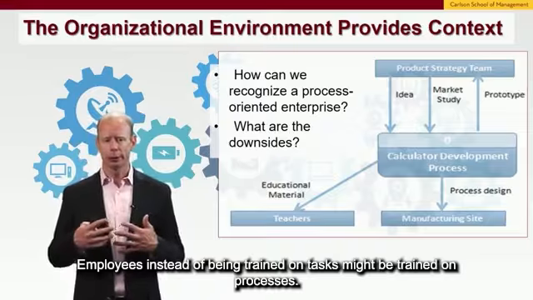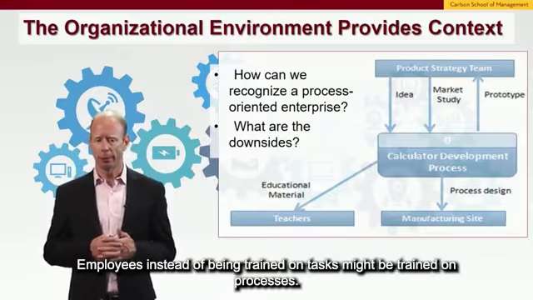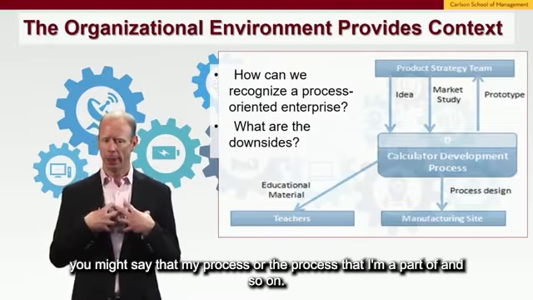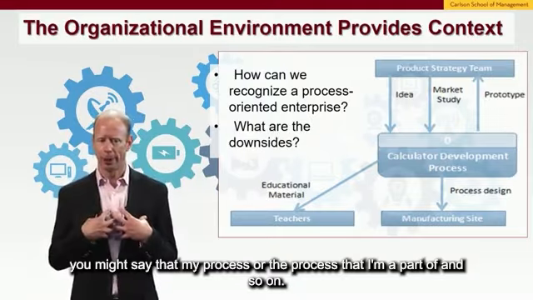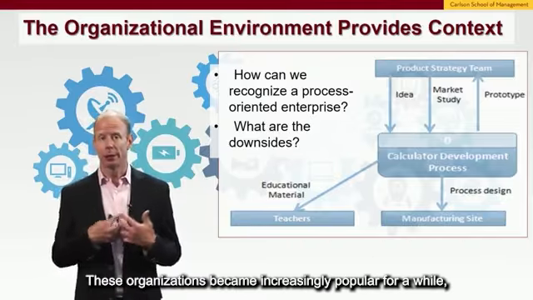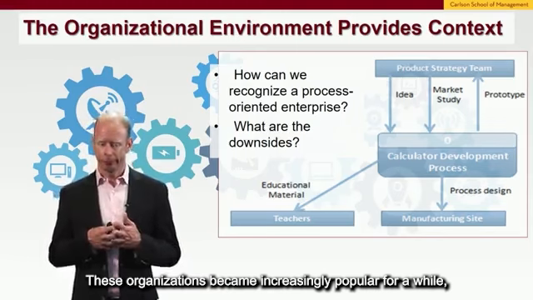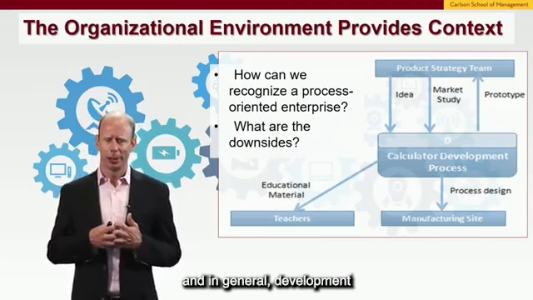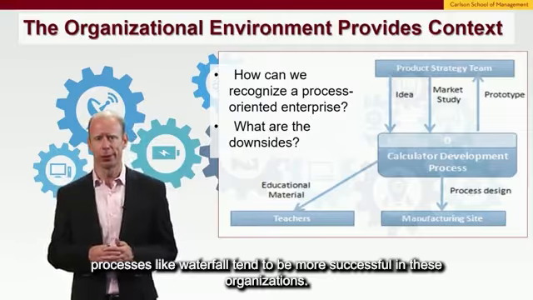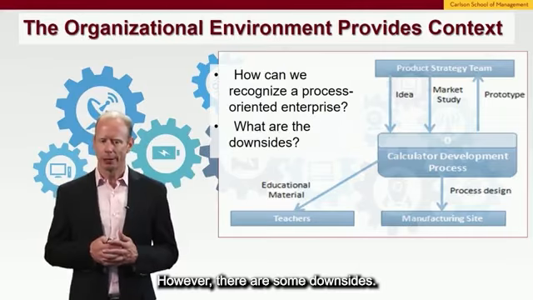Employees, instead of being trained on tasks, might be trained on processes. Instead of saying my unit, you might say my process or the process that I'm a part of, and so on. These organizations became increasingly popular for a while, and in general, development processes like waterfall tend to be more successful in these organizations. However, there are some downsides.